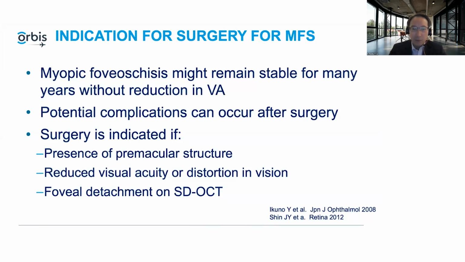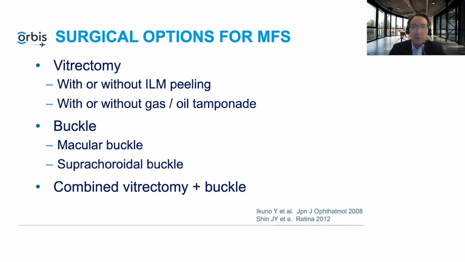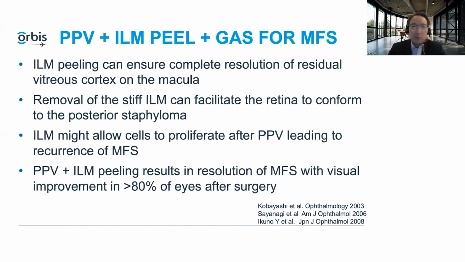For surgery, we can do a vitrectomy with or without ILM peeling, and also with or without gas or oil tamponade. Macular buckle has been performed, so suprachoroidal buckle has been performed, and sometimes we do a combined vitrectomy and buckle. I'll go through some of these steps. Firstly, it's the standard vitrectomy with ILM peeling plus gas.